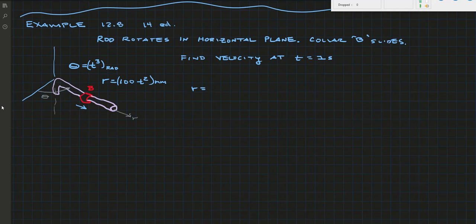We have a relationship for theta and a relationship for r. So let's further look at these. Let's completely characterize r and the rates and accelerations of r, because we need to find the velocity and acceleration at t equals 1. So r is 100 t squared. So r of 1 equals 100 millimeters.